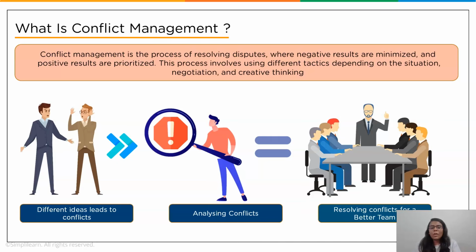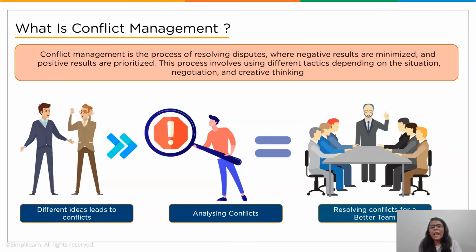Conflicts can be verbal conflict, religious conflict, emotional conflict, or any sort of conflict. As conflicts lead to disrespect and unnecessary tensions in organizations, conflict spoils the decorum of the organization and also reduces the productivity of the employees by carrying unnecessary tension. So that is what we need conflict management for.